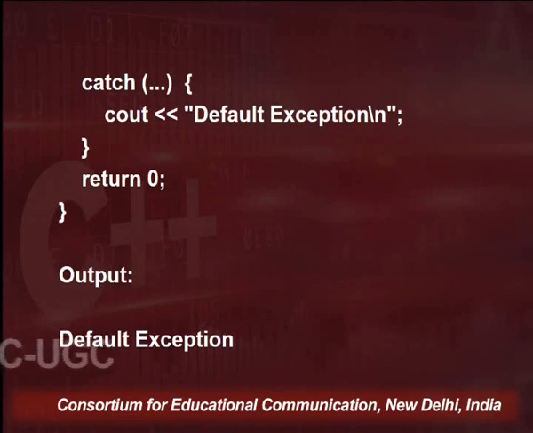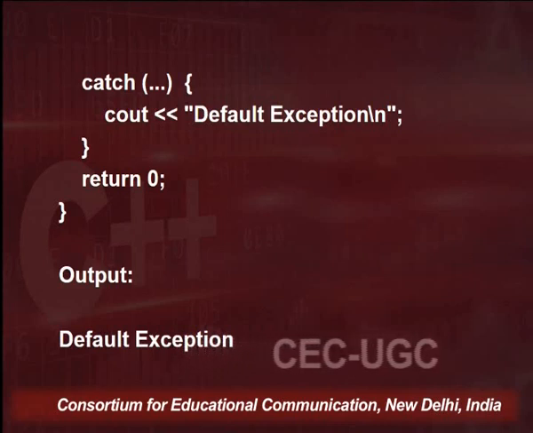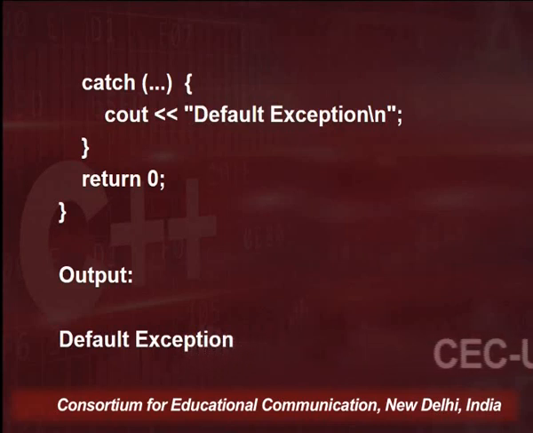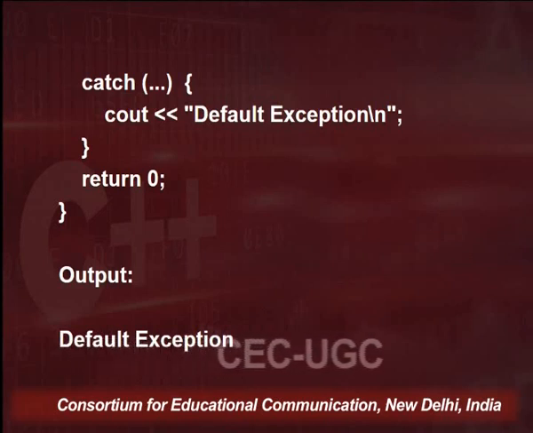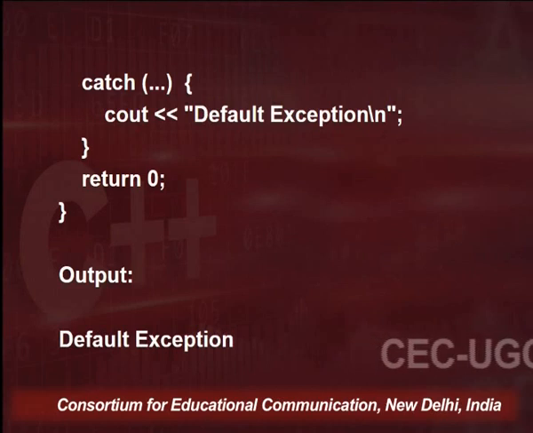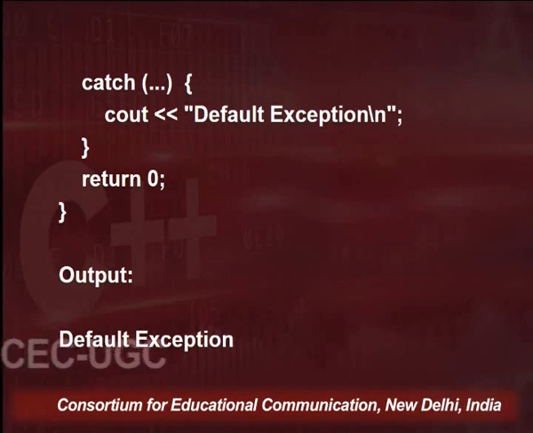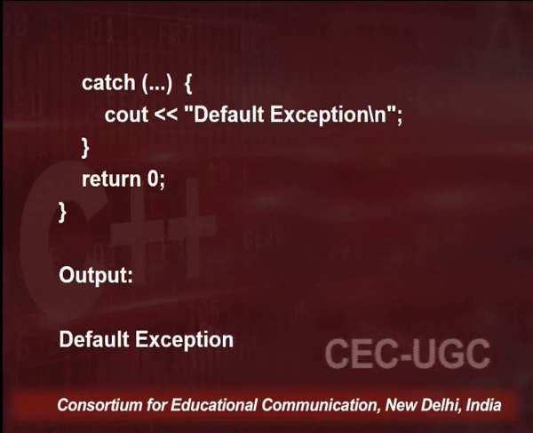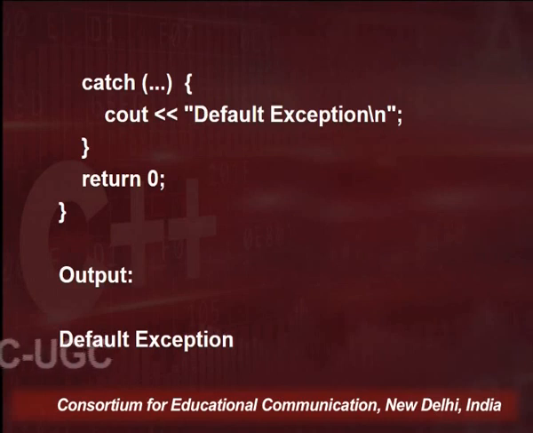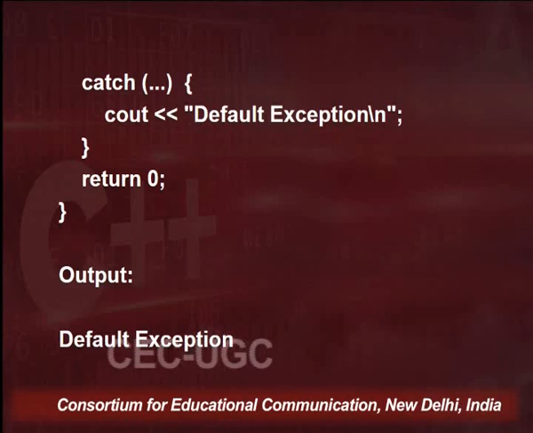So what will happen in this situation? We have one catch all statement, written as shown on the screen: catch, and within the parameter we give 3 dots. This catch with 3 dots means catch all. So whatever exceptions are not caught by the other catches, as in this case where we have a catch corresponding to character but not to integer, will be handled by it. The integer exception will not be handled by the catch for character.